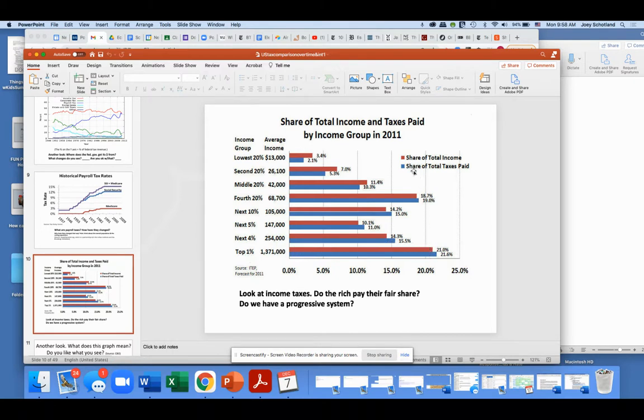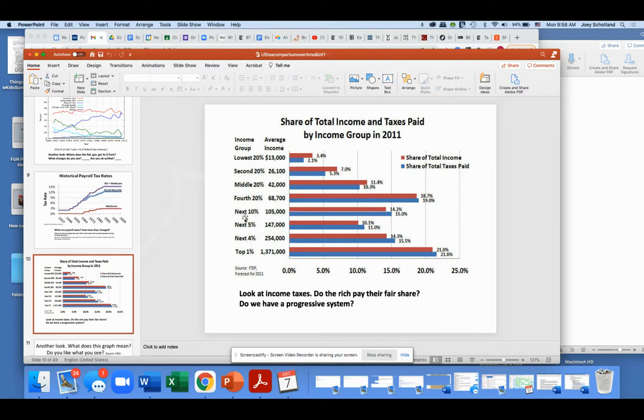And the blue shows you the share of total taxes paid. So the poorest 20% of Americans pay only 2% of the nation's taxes. The richest 1% pays 21% of the nation's taxes. Okay, so let's look at this again. The poorest 20% of Americans, they earn 3% of the nation's money, and they pay 2% of the nation's taxes.